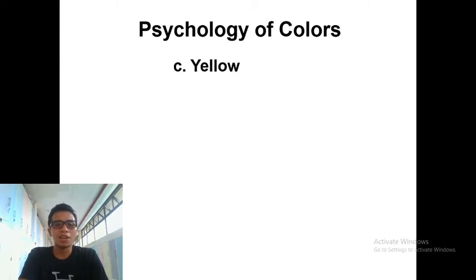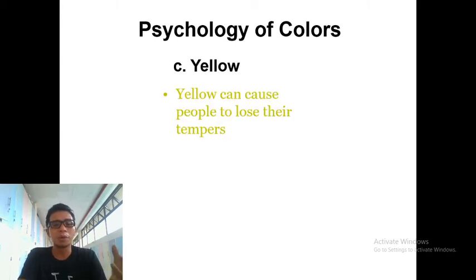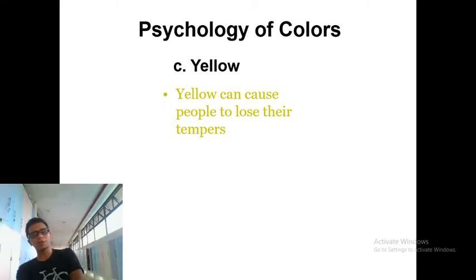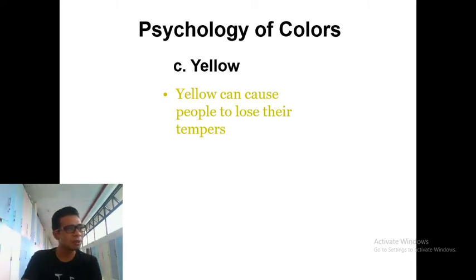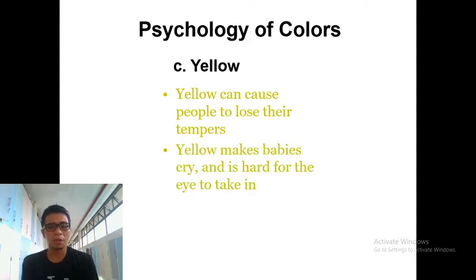So, next, yellow. Yellow can cause people to lose their tempers. Why? But shouldn't yellow be joy? In some other situations it happens, but basically, they say yellow can cause people to lose their tempers. Yellow makes babies cry, and it is hard for the eye to take in.